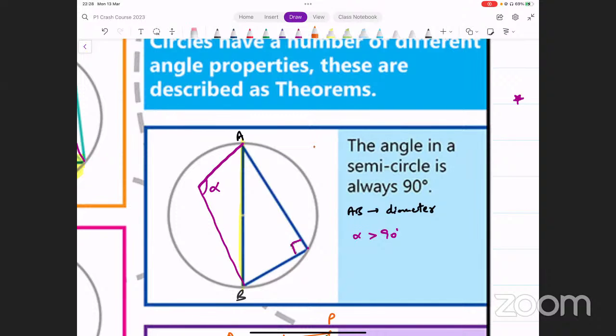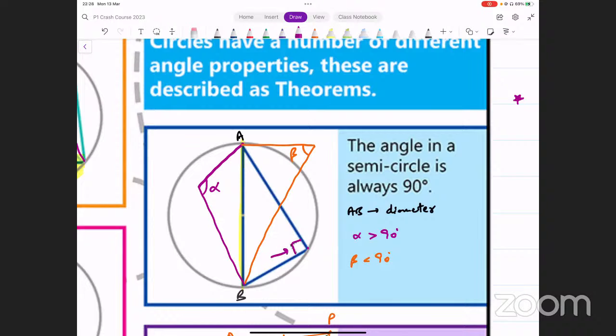And if you had a point outside the circle, maybe like this, the angle made here outside the circle is going to be less than 90 degrees. It's going to be equal to 90 only at the circumference.